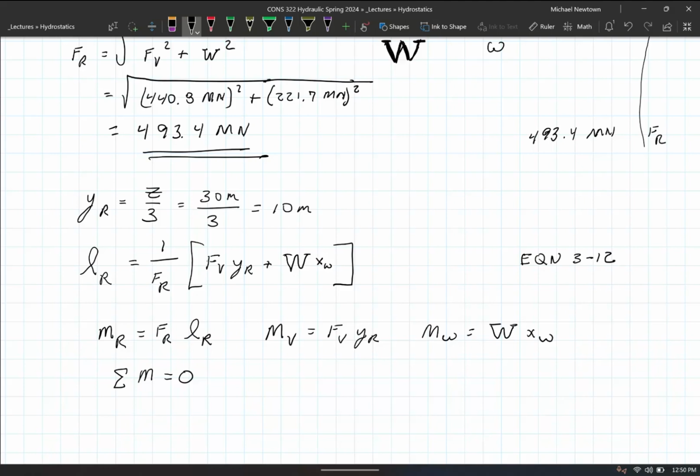We're going to use that whole sum of moments bit to figure out what that LR is. Remember, you write it up as sum of moments equal to MR plus MV plus MW, and we're solving for MR, but we're going to solve deeper into getting the LR.